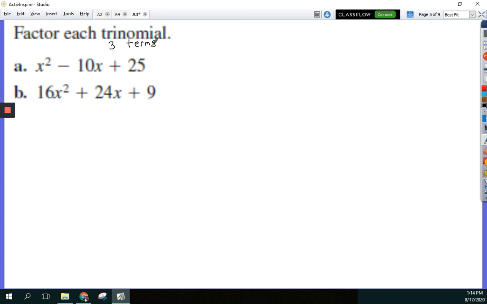However, the method that I'm going to use whenever I factor trinomials is called our AC method. So you're welcome to follow along with this method, or like I said, use another method that you're more familiar with or just understand a little bit better.